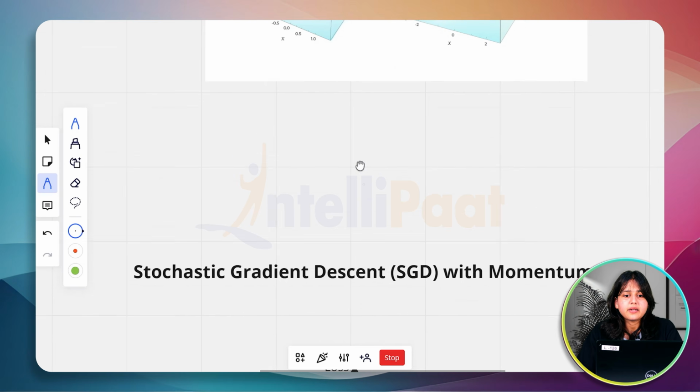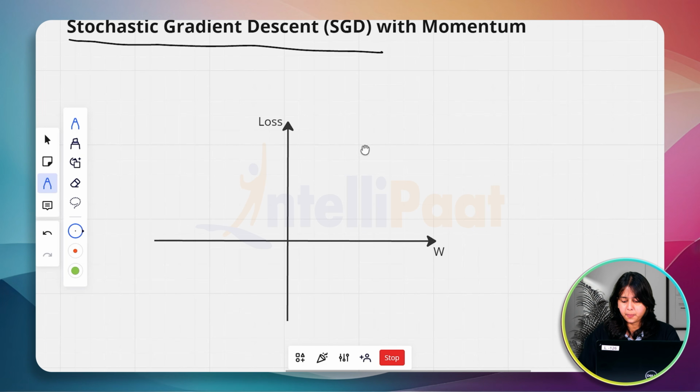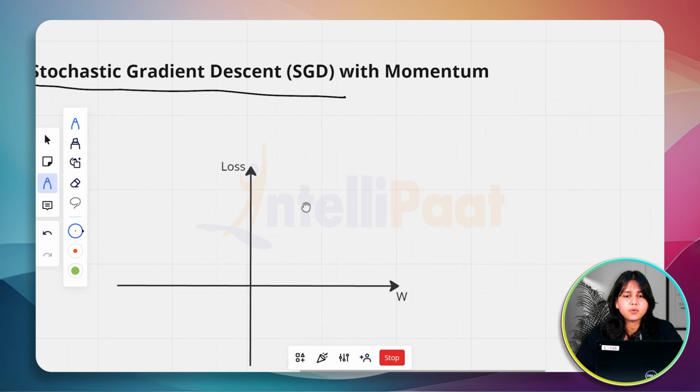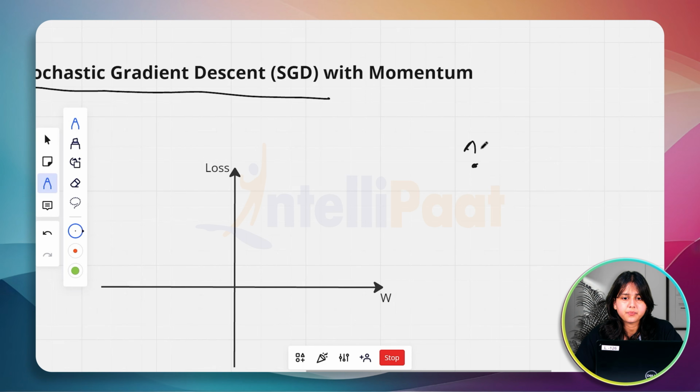So this is why we have other optimizers, and the first one is gradient descent with momentum, stochastic gradient descent with momentum. What momentum basically does is, suppose you are at point A and you want to go to point B, right? And you don't know if you are going in the right direction.